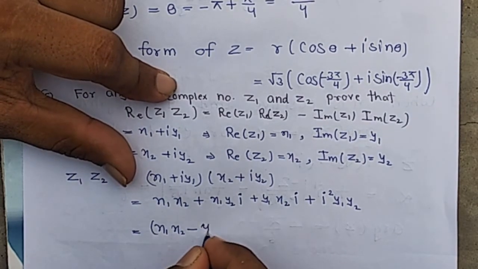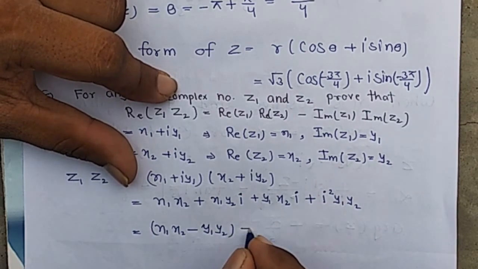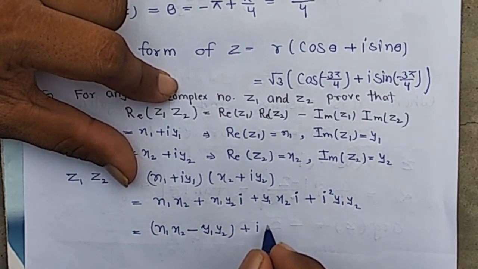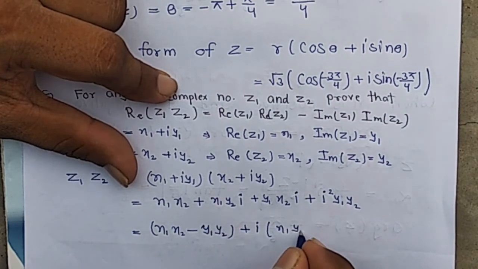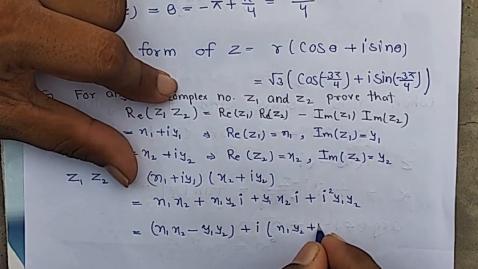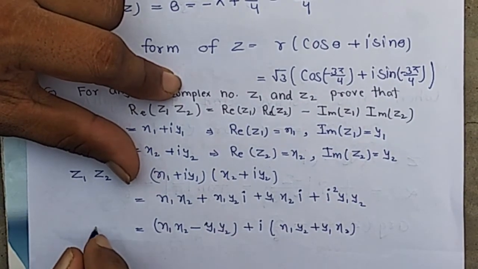Take these terms together, i common from both these terms, we have x1 y2 plus y1 x2.